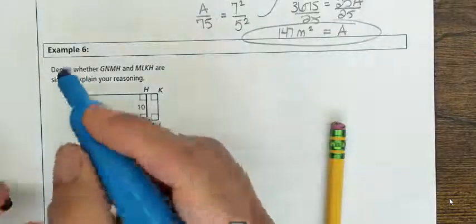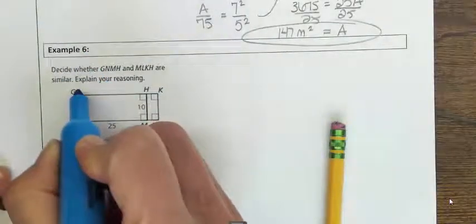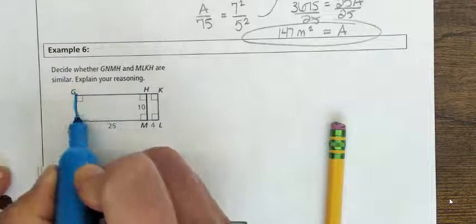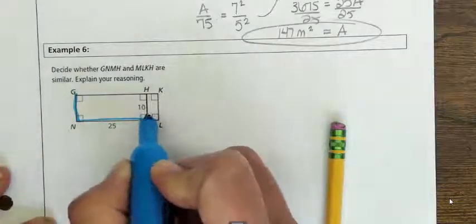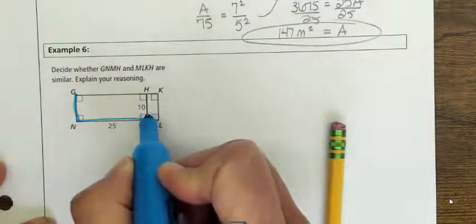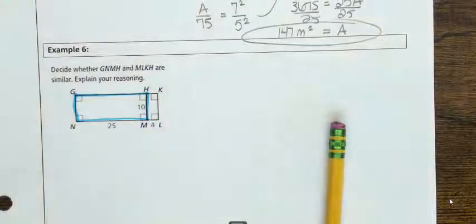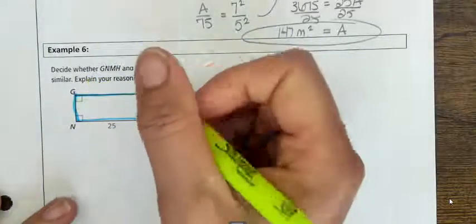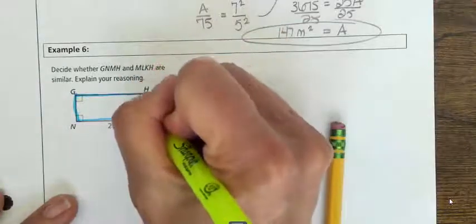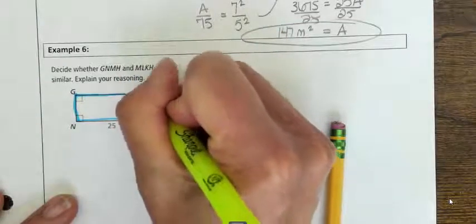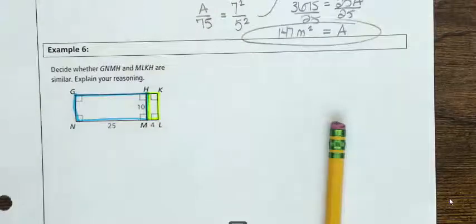All right, so I've got this rectangle, GNMH. And I also have this other one, MLKH. And I have to figure out if they're similar.